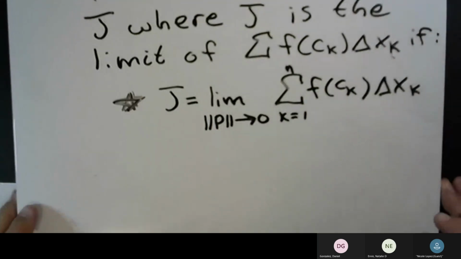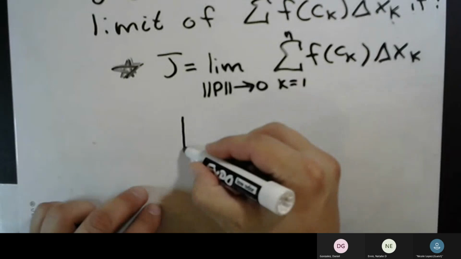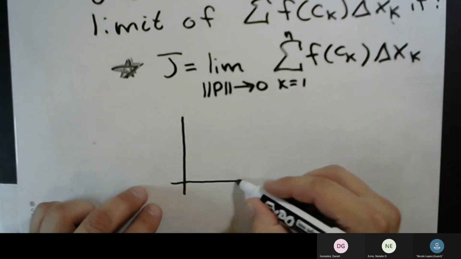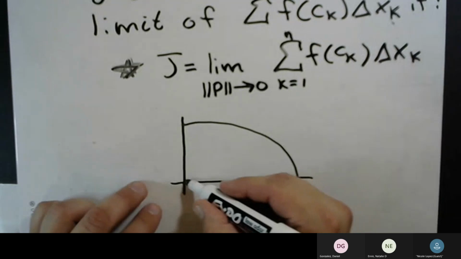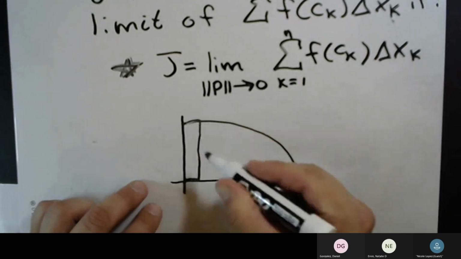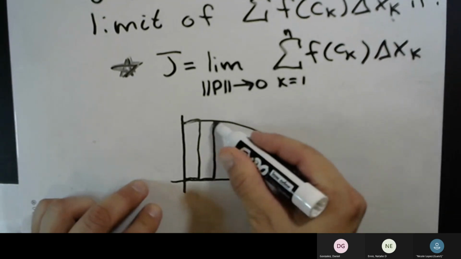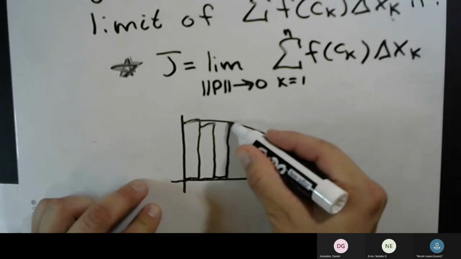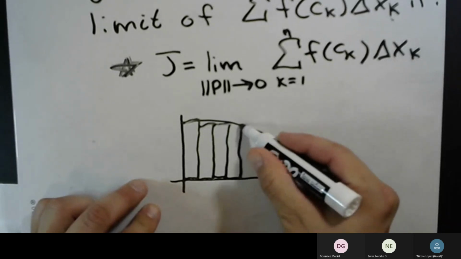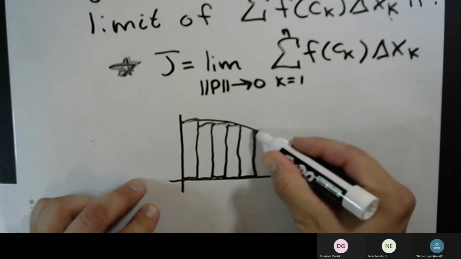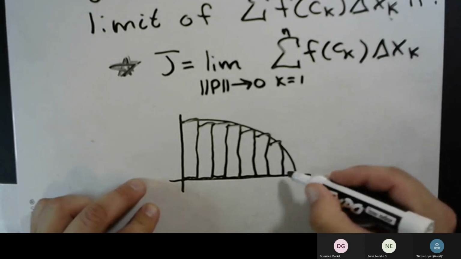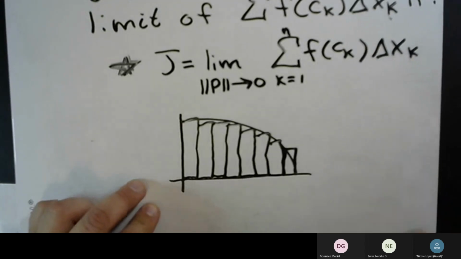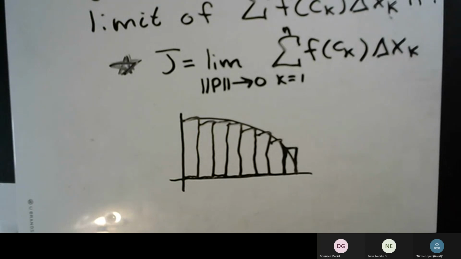And again, what we're going to do, we're taking some curve, we're approximating the area, like so.